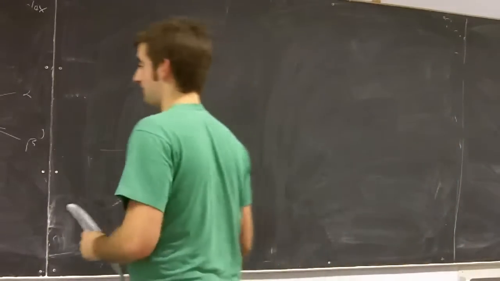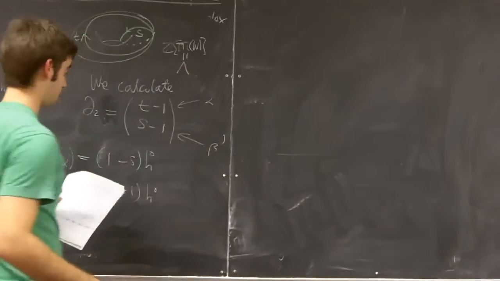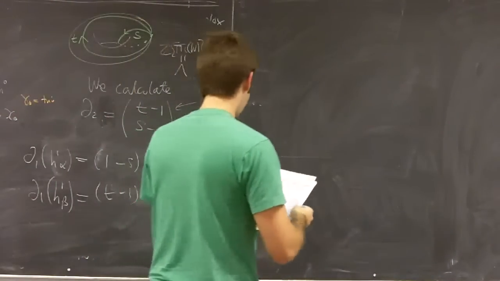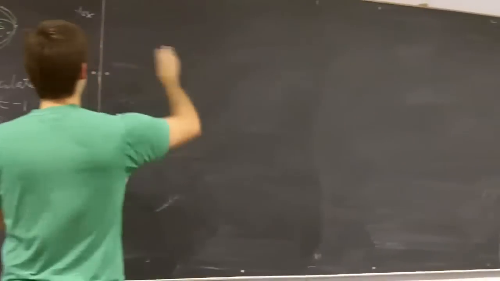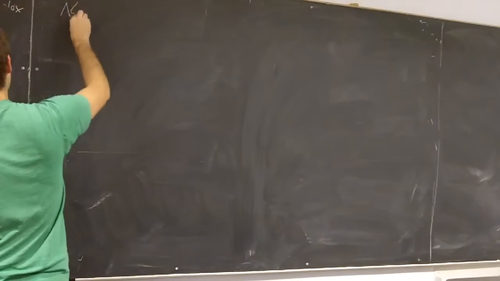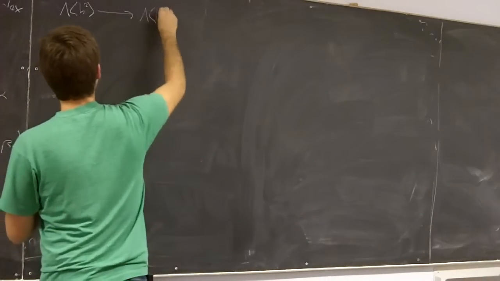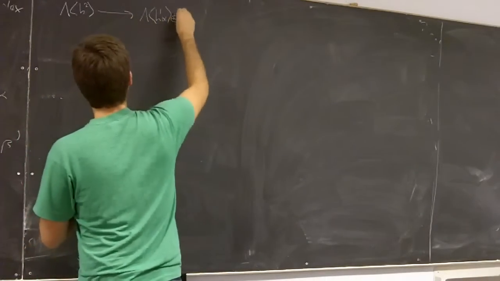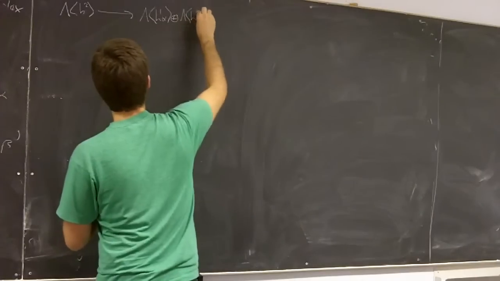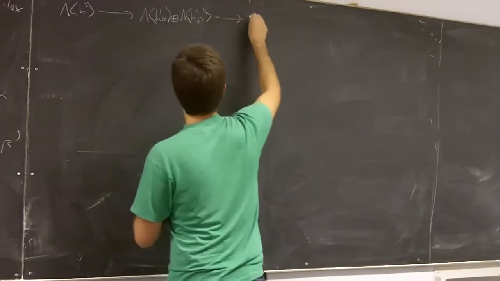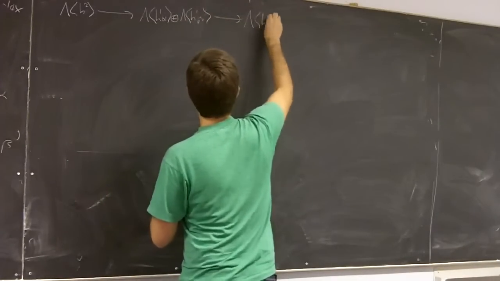For ease of notation, I'm just going to denote Z pi 1 of W just as lambda, just to make this a bit shorter. So we have lambda generated by H2 maps to lambda generated by H1 alpha, direct sum lambda generated by H1 beta maps to lambda generated by H0.